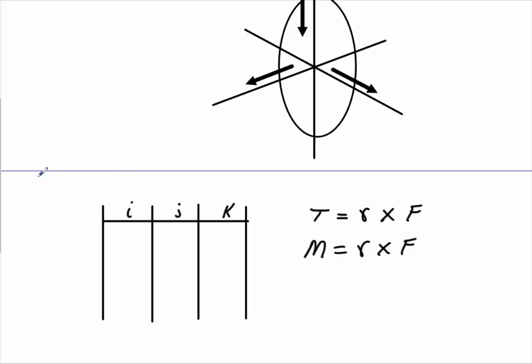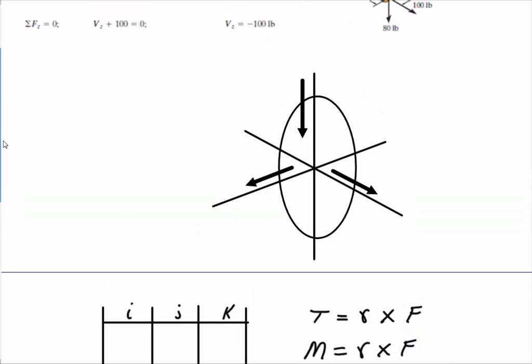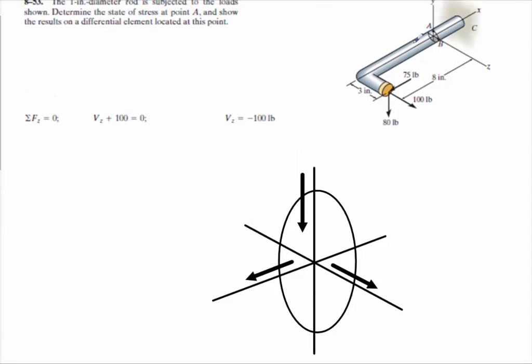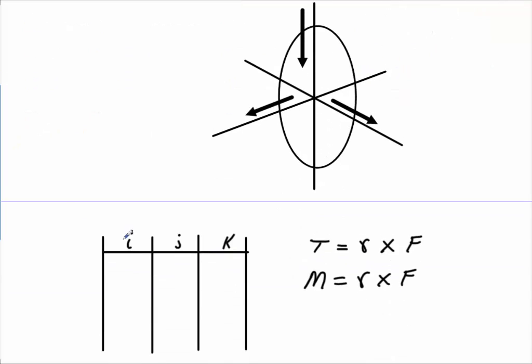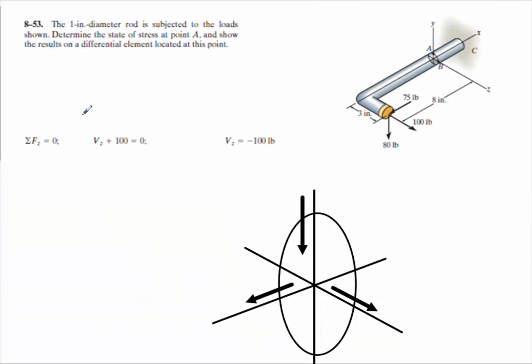Now R is the distance. So what we would do here, you'd let this point be your 0, 0, and you'd say how far away are the forces. So we're going to do this first. Here you have 8 coming back this way, so that'd be -8. So we'd come down here, we'd put a -8 into here, like this. We go to J. We say, well, how far are the J values?